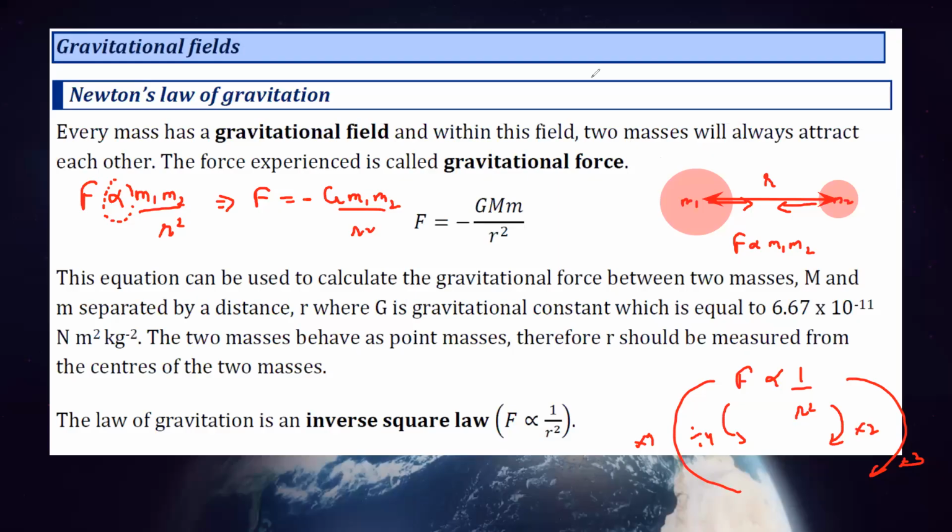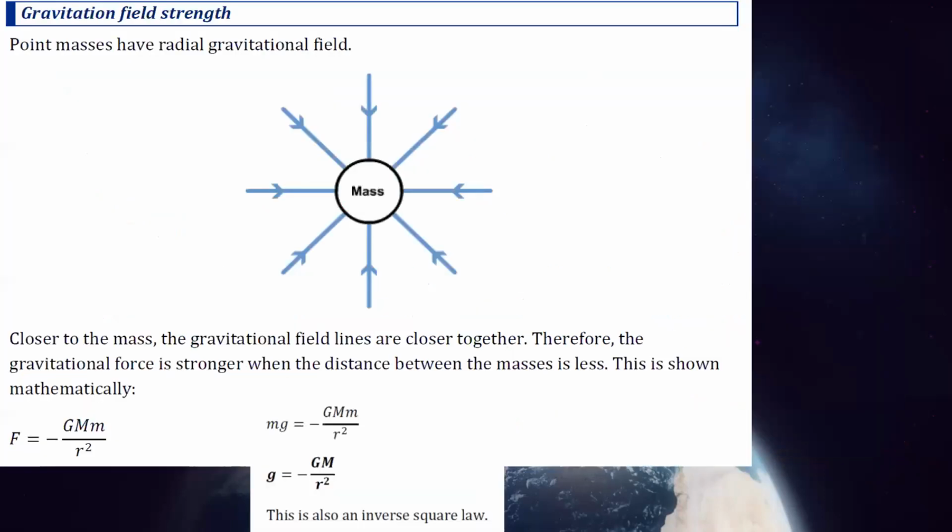We can also use this formula to work out the mass of the Earth. The gravitational field is also a radial field, and the direction is always towards the center. So how can we find the mass of the Earth using Newton's law? For example, this is the Earth and there is an object placed on the surface of the Earth.